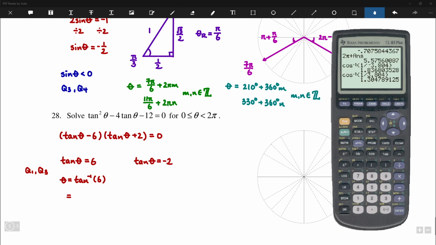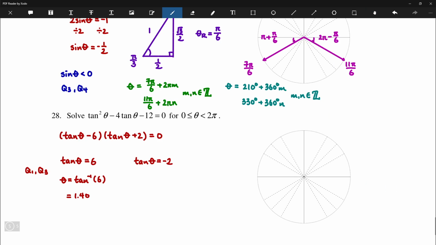Let's see here. Arctangent of 6 is 1.406. Okay, so that will be a solution somewhere up here. And of course, there will be a solution in quadrant 3 as well with the same reference angle.